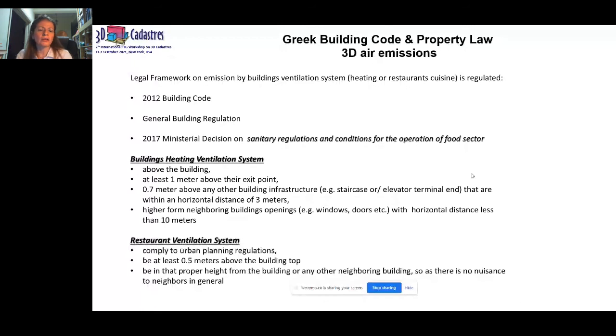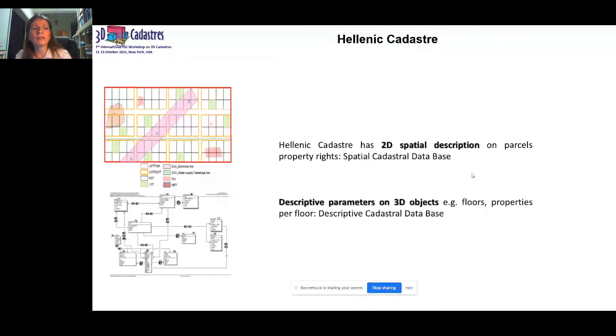All those regulations deriving either from the property law or from the building codes and how we build in the urban area must be some way incorporated in the Hellenic Cadastre. At this point, the Hellenic Cadastre is organized in spatial level in 2D, but the descriptive database describes 3D objects.